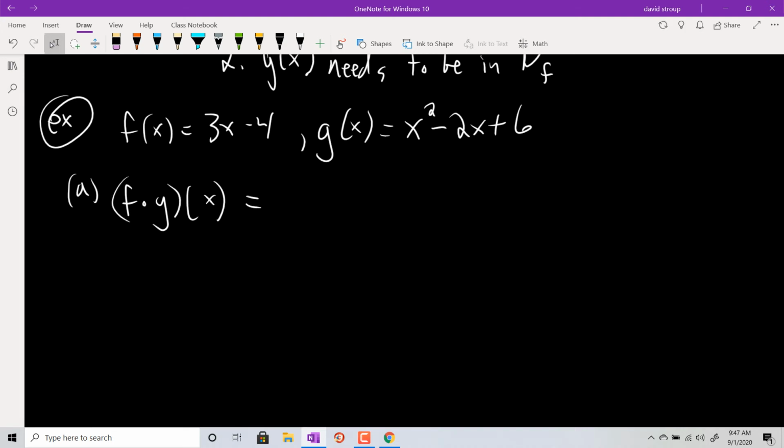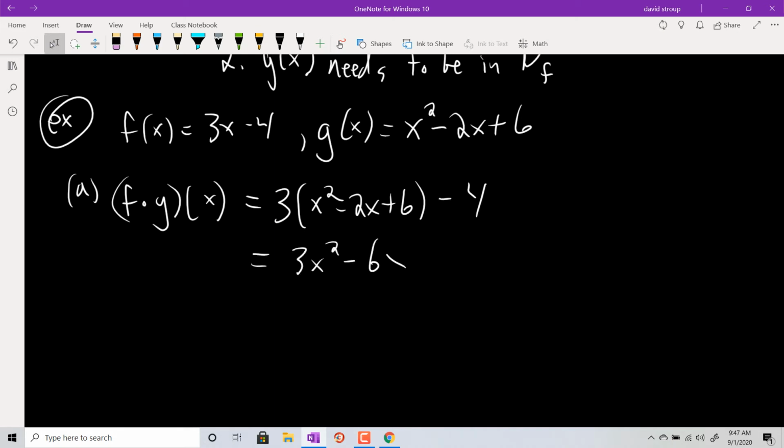So wherever I see x in f of x, I'm putting g of x. So it would be 3 times x, which is now x squared minus 2x plus 6, then minus 4. Okay, so this would be 3x squared minus 6x plus 18 minus 4, which is 3x squared minus 6x plus 14.